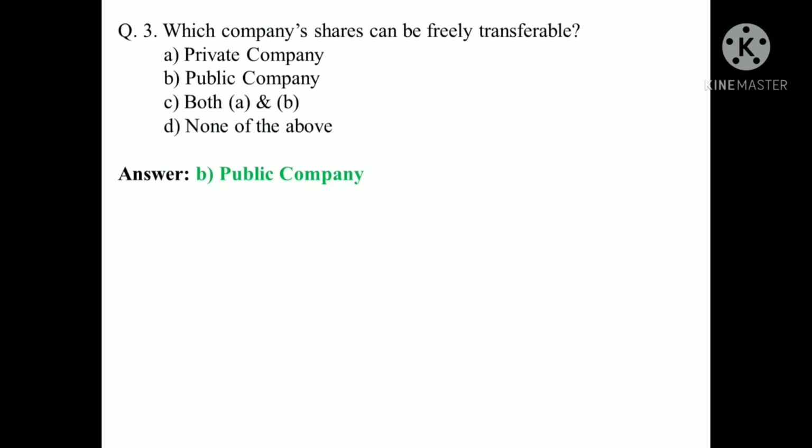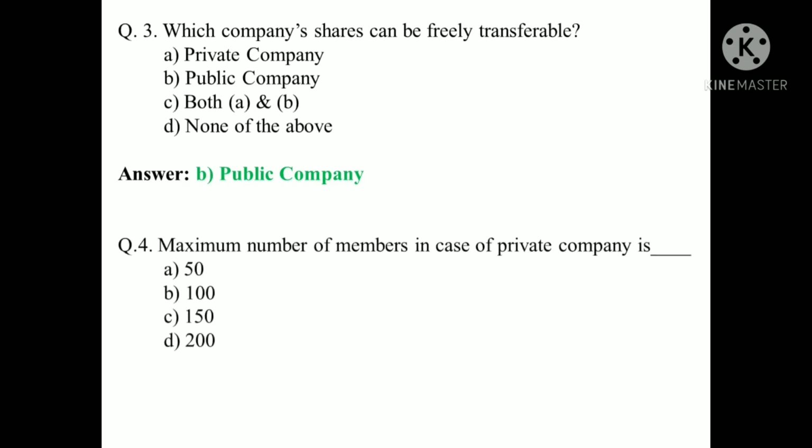But in case of public company, the shares of a public company are freely transferable. Nowadays, through the demat accounts, the shares of a public company can be easily, freely transferred. Therefore, here option B is the correct answer. Option B is public company. Now, let's move toward the next question.